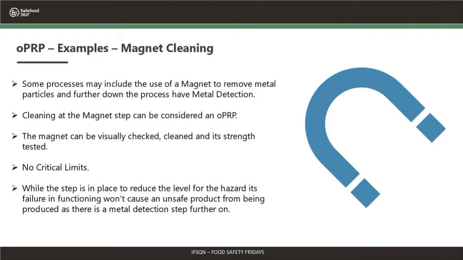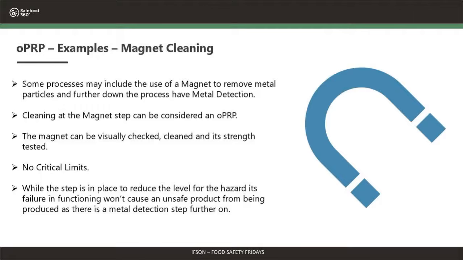Cleaning at the magnet step can be considered an OPRP, an operational prerequisite program. We can do visual checks on the magnet, clean it, and test its strength, but critical limits don't have to be defined. So if we actually look at the ISO definition, we don't have to put critical limits in place. We can measure if we want, and we can do some observation as well.